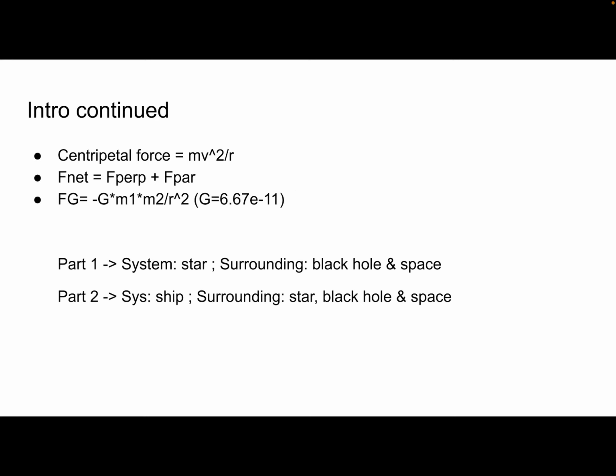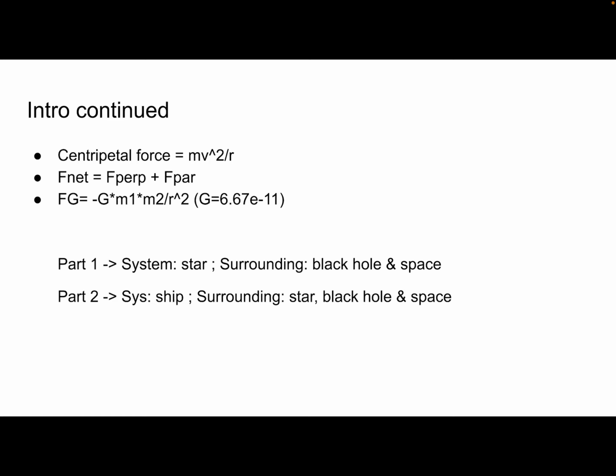We will also need to know about centripetal force, which is the mass times velocity squared divided by the distance. We also need to know that the net force is the addition of the parallel force plus the perpendicular force.